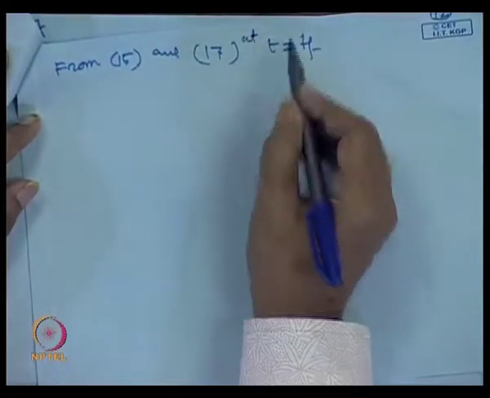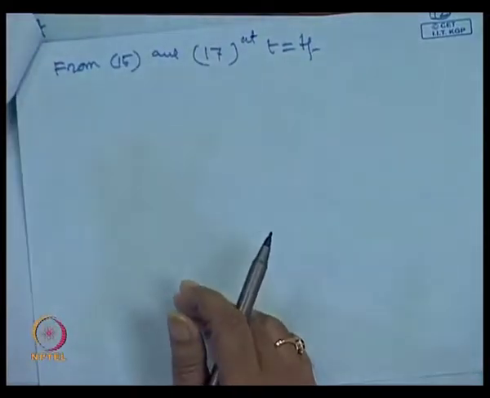If we put t = t_f, we will get the expression for that one, which we are going to write here.